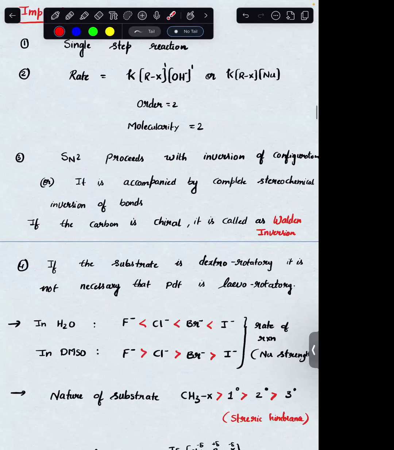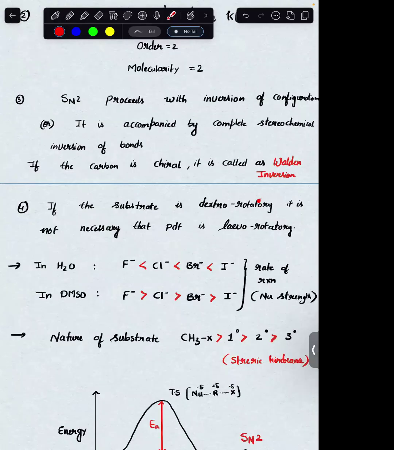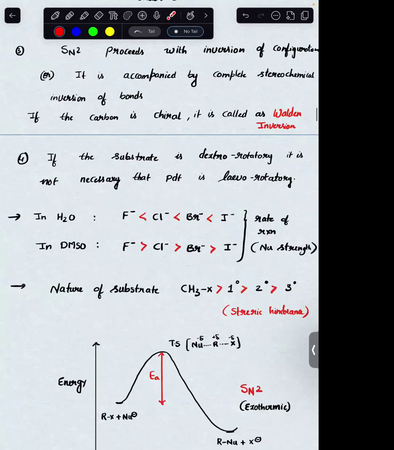If the substrate is dextrorotatory, it is not necessary that the product has to be levorotatory. It can be anything because it is always experimentally obtained. And in H2O, the rate of reaction, we already saw the order of nucleophilic strength. In polar protic solvent, for the ions belonging to the same group, you need to consider the solvation effects.